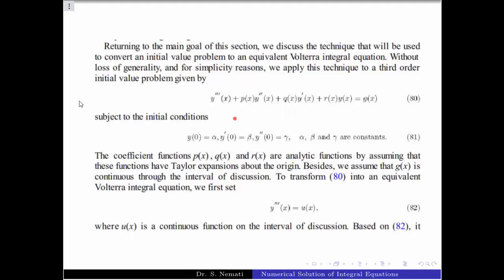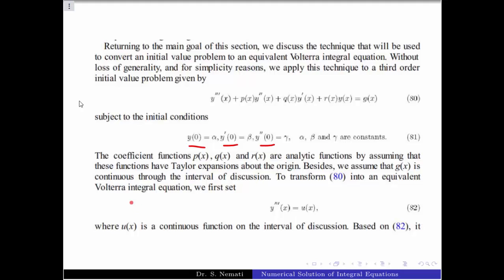Okay, now we have this initial value problem, that the initial conditions are given in 81. So we have a differential equation of order 3. So we need 3 initial conditions which are given by these formulas. And we want to transform this initial value problem to an equivalent Volterra integral equation.